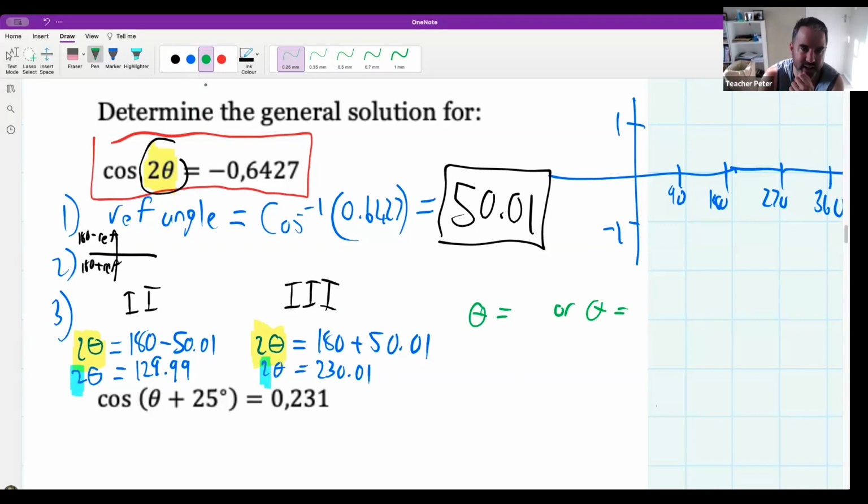What do I get if I divide this one by 2 and this one by 2?